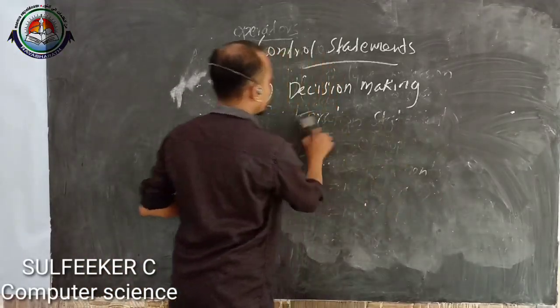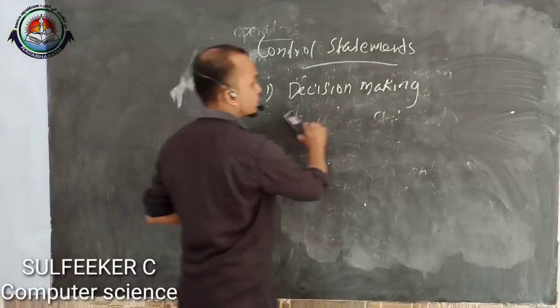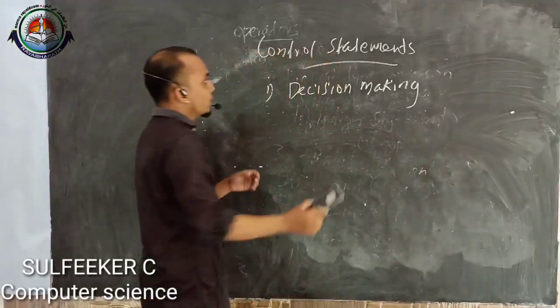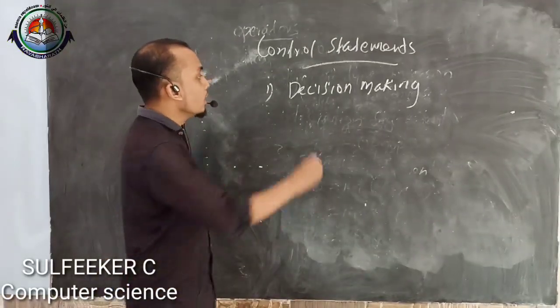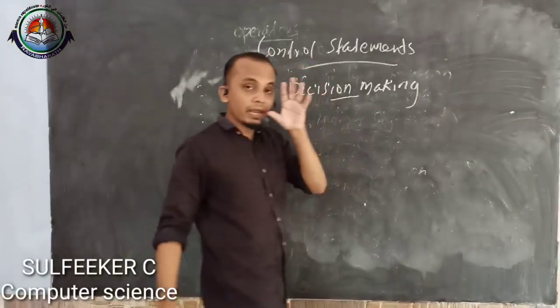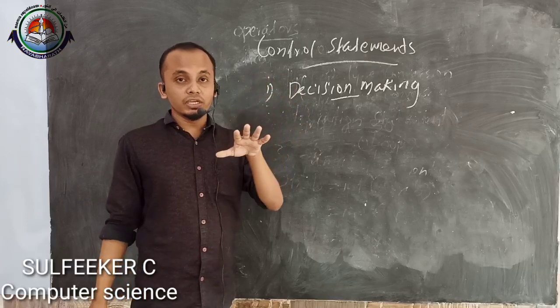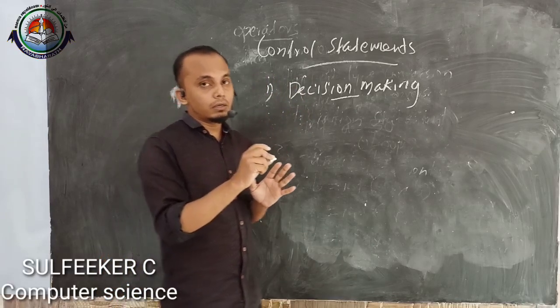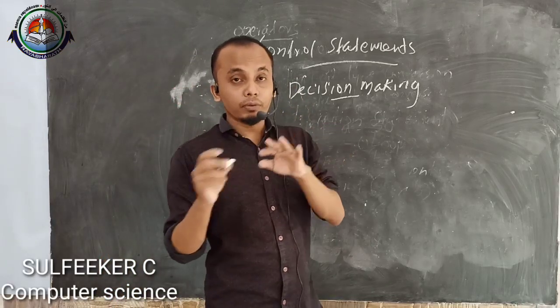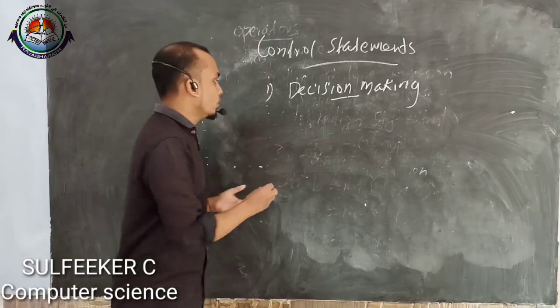Then decision making statement. From the name itself we can understand what a decision making statement is. There will be a condition, and based on that it will take a decision. Then only the given block of statements will execute.